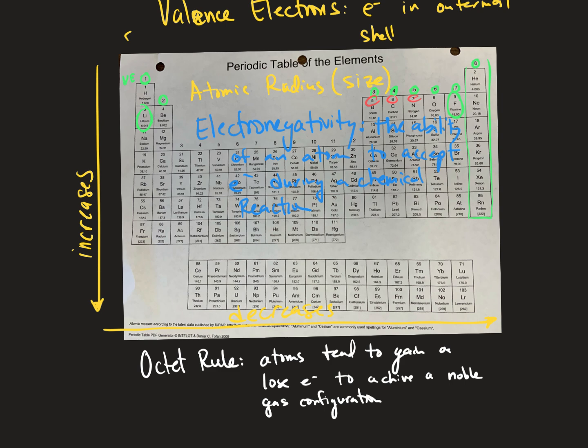I don't know if you can read that. Is that kind of hard to read because it's on the periodic table? Okay. And I'm going to just use the blue color this time.